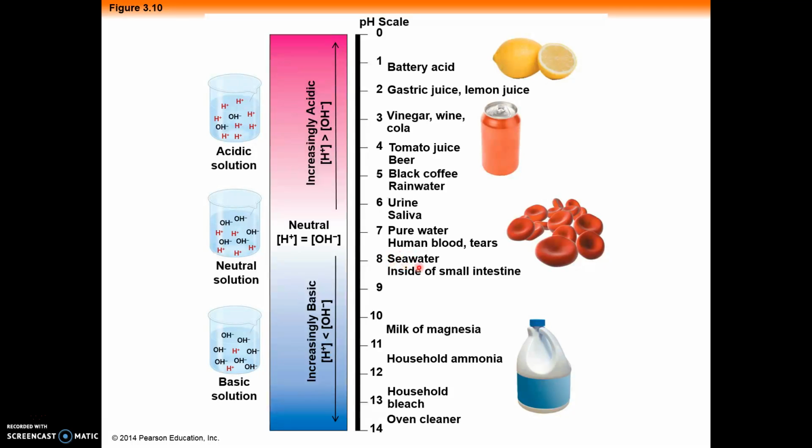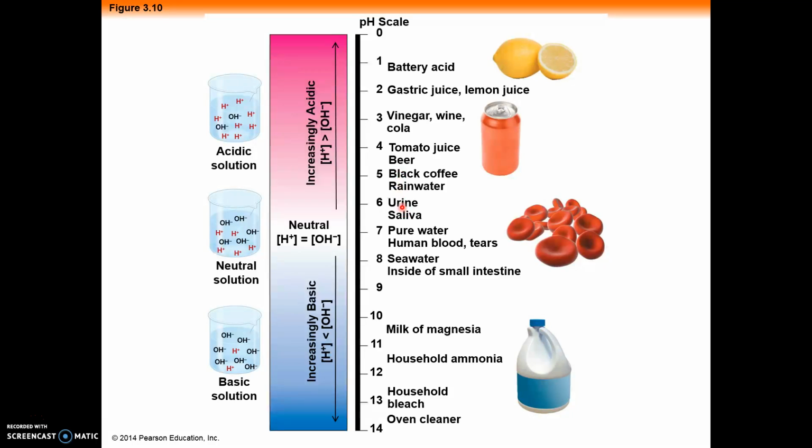If we're looking at salt water or the inside of our intestines, it's a little bit more basic. Here, if we go all the way down to ammonia that you might get at the grocery store, that's even more basic. Bleach, even more so. And oven cleaner is a common household product that would be way down here. Oven cleaner is oftentimes a concentration of sodium hydroxide.